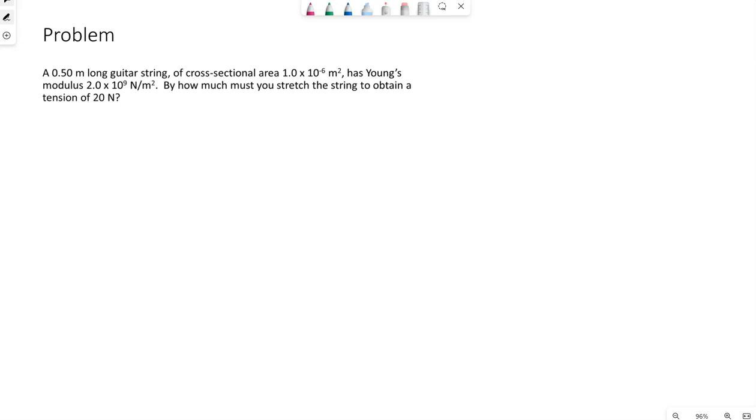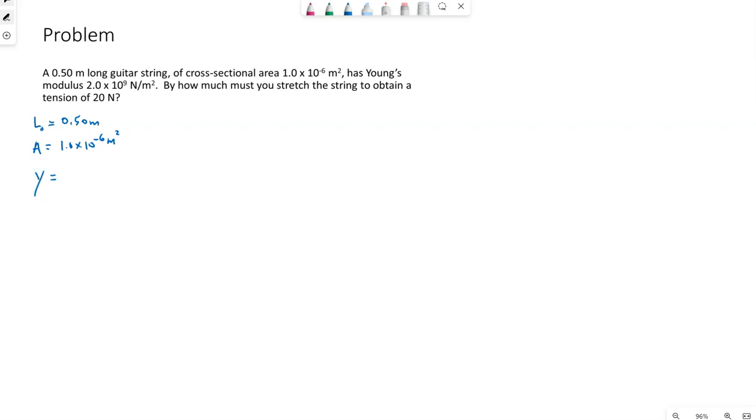Okay, so our L naught, our original length, is 0.5 meters. The area, they've already calculated for us, so 1 × 10⁻⁶ meters squared.